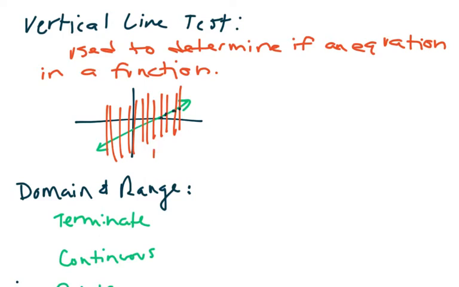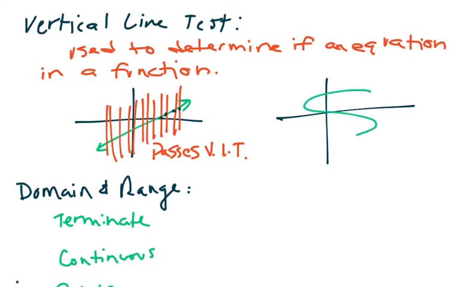Okay, so this one passes the vertical line test. So if I draw one that doesn't pass the vertical line test, for example, oops, I wanted that to be green. Alright, yes, this can totally be something that you'd actually end up graphing. And so if I draw a vertical line, that passes.